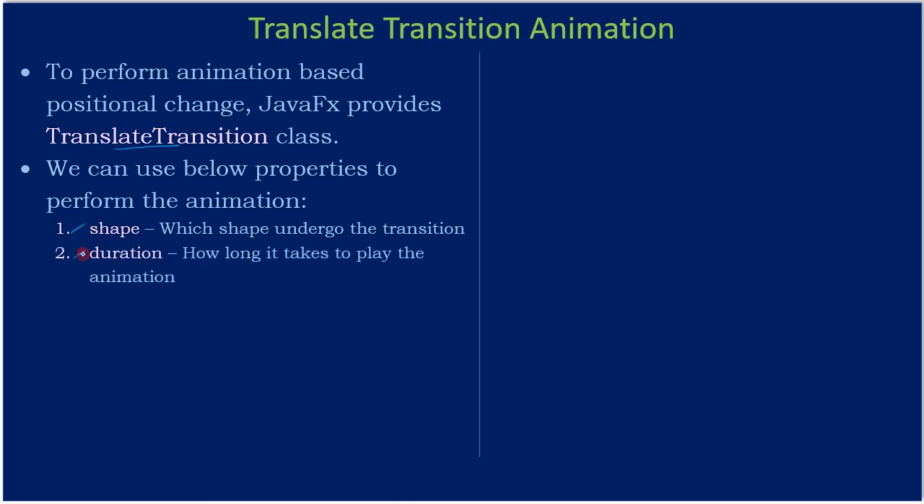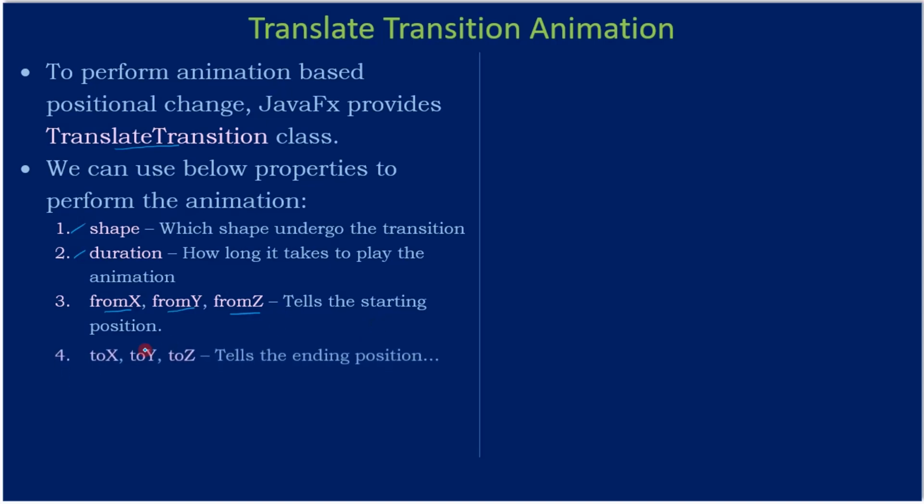Then duration, how long the animation plays, that's also we need to specify. After that, we have to specify from X, from Y, and from Z. So this is the translate start location. After specifying the translate start location, you can specify 2X, 2Y, and 2Z. So this tells the translate end position.